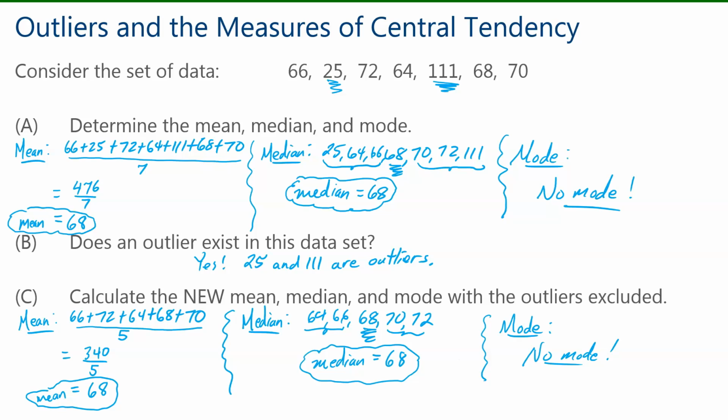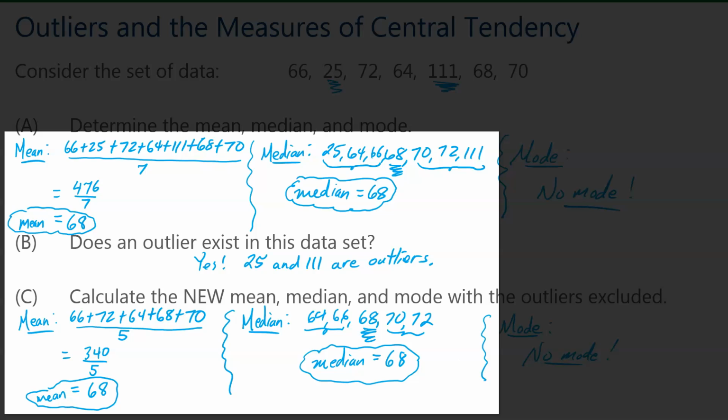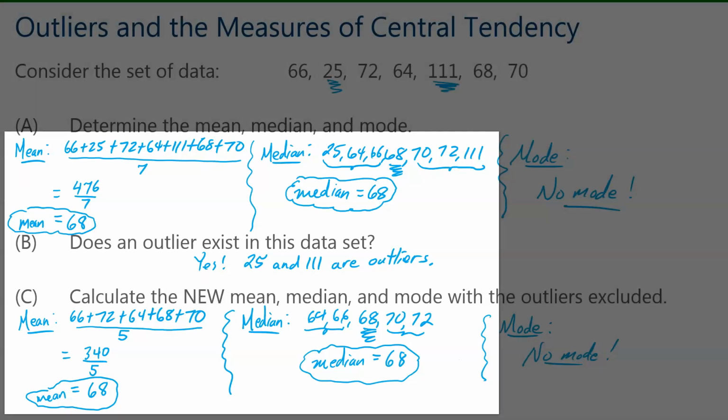As I've already alluded to, when we compare our values for mean and median with the outliers included and excluded, we notice that absolutely nothing has changed. Not only is our mean and median the same in both sets of data, even with the outliers excluded, those 2 measures of central tendency did not change in value.